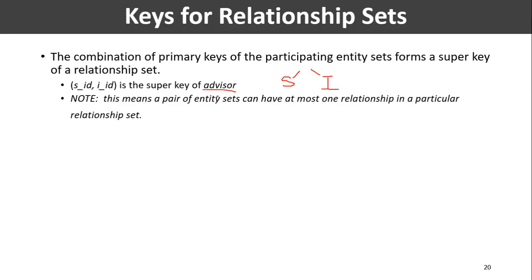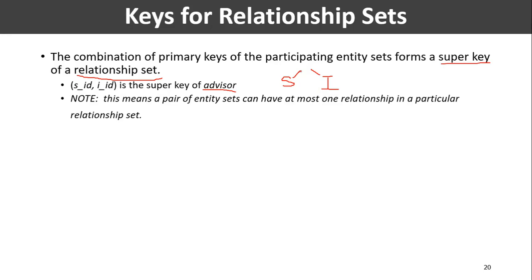I'll repeat, if I want to find out the super key for the relationship set, then how am I going to choose it? Whichever entity sets are participating in that relationship set, we collect the primary keys of those participating entity sets, and we are able to form a super key for that relationship set.